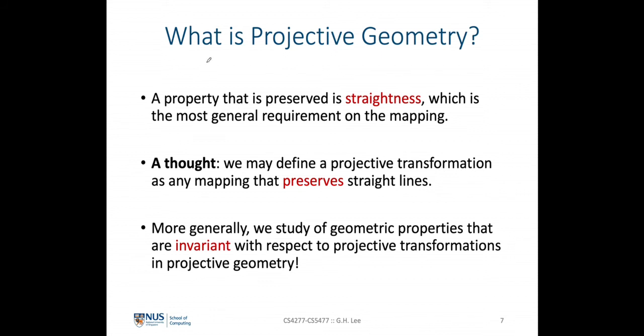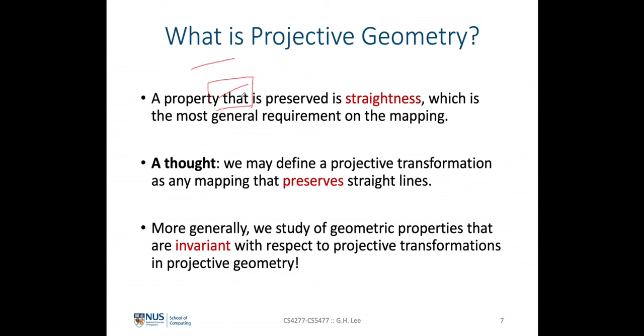We can see from the image earlier that any straight line in the scene is still projected into a straight line after it has undergone some form of projective transformation. Despite that the angle, the ratio of the distance and the distance may change, the straight line will still remain as a straight line.